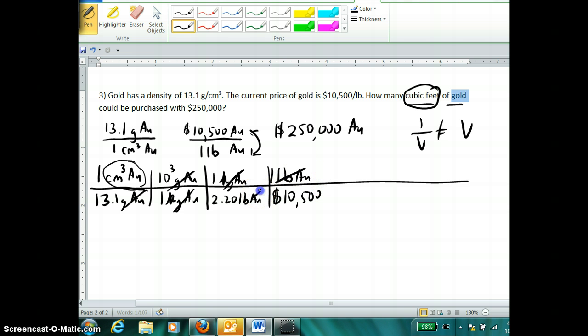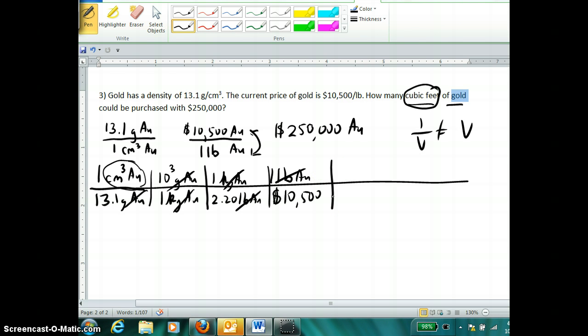And pounds of gold now cancel pounds of gold. And yes, if $10,500 equals a pound of gold, then 1 pound of gold equals $10,500. How I write this ratio is purely convenience. The thing that I want to cancel is how I write the ratio.